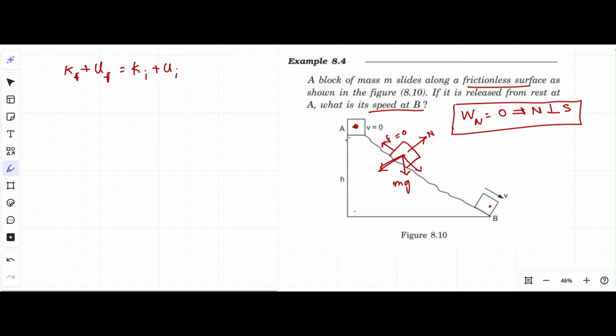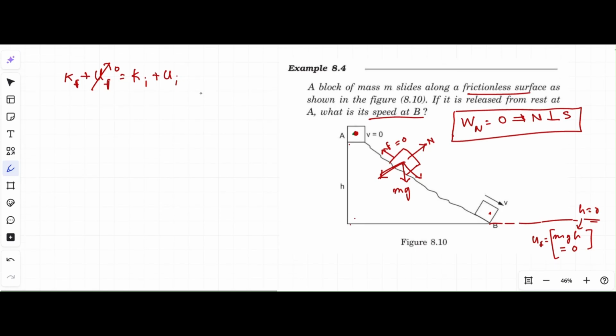It is at a height h, and when it descends to a height 0, it will be on the level of the ground. If h becomes 0, the potential energy due to the height will become 0, as it is mgh, and h is 0. So U final is equal to 0, so this thing gets cancelled out.